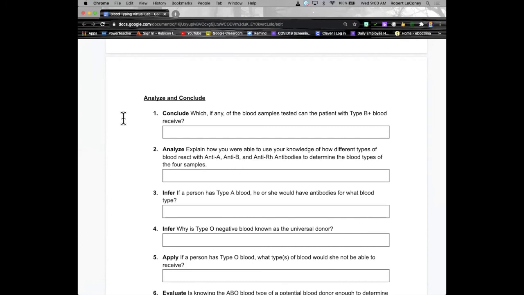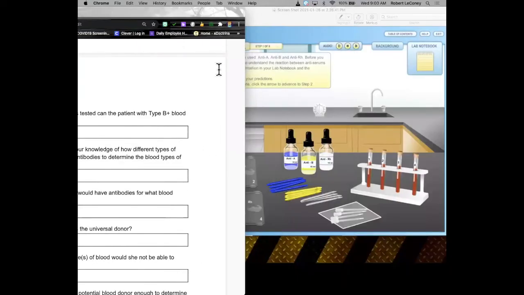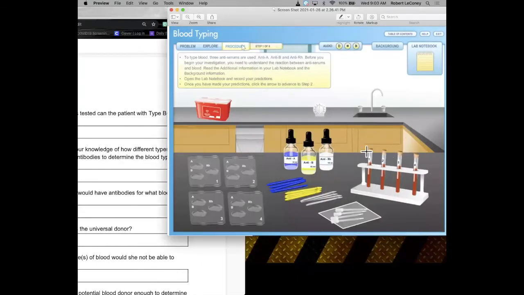Analyze and conclude. 1. Conclude. Which, if any, of the blood samples tested can the patient with type B positive blood receive? Meaning, which of these blood samples can our patient receive as a transfusion? 1, 2, 3, or 4?